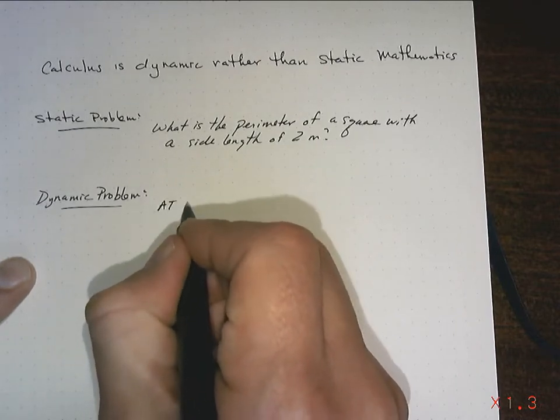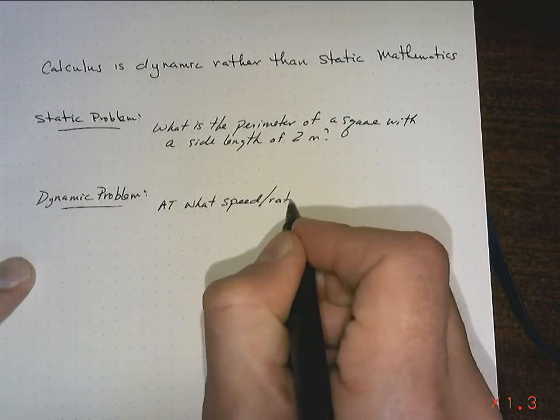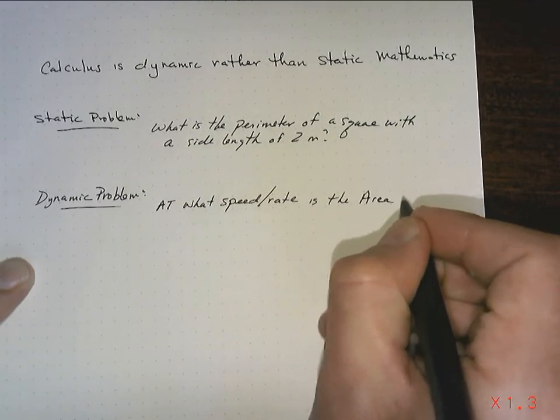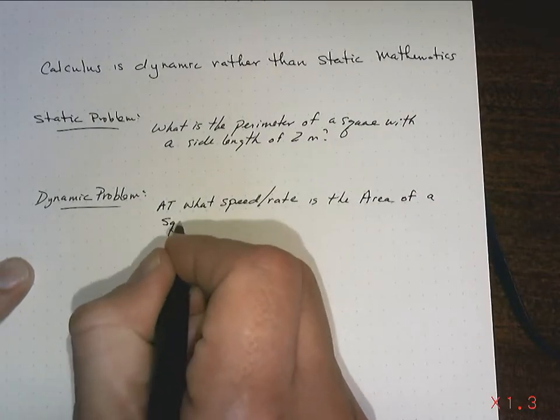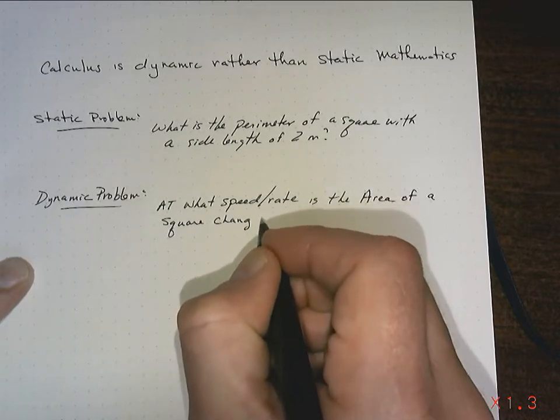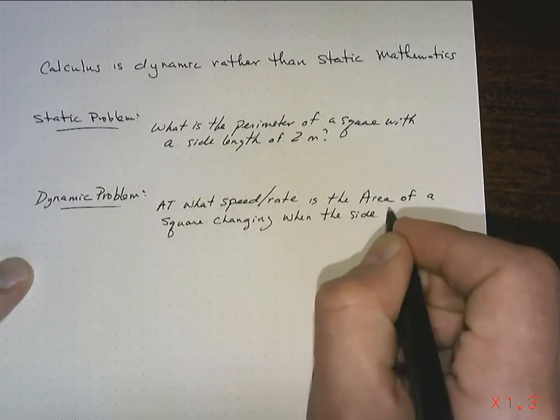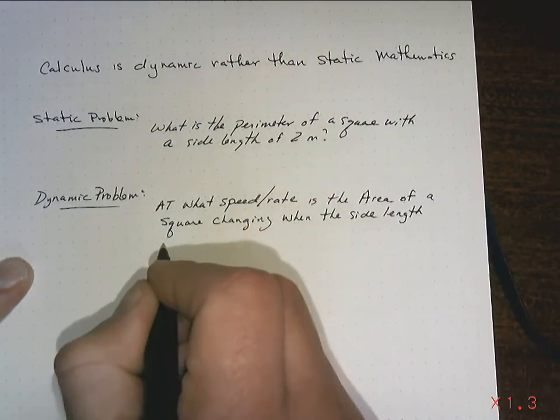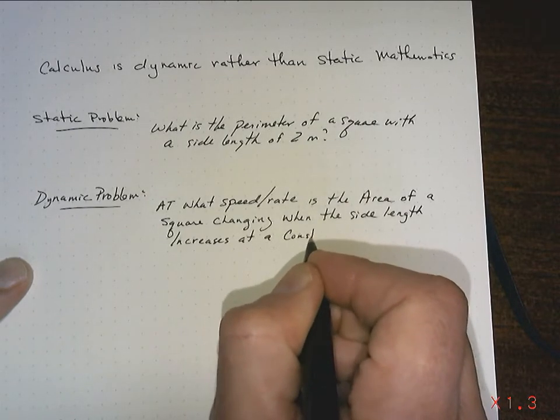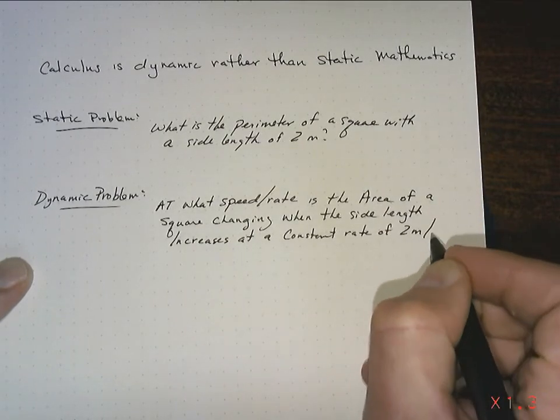At what rate, or at what speed, speed and rate are the same thing, at what rate is the area of a square changing when the side length increases at a constant rate of 2 meters per second.